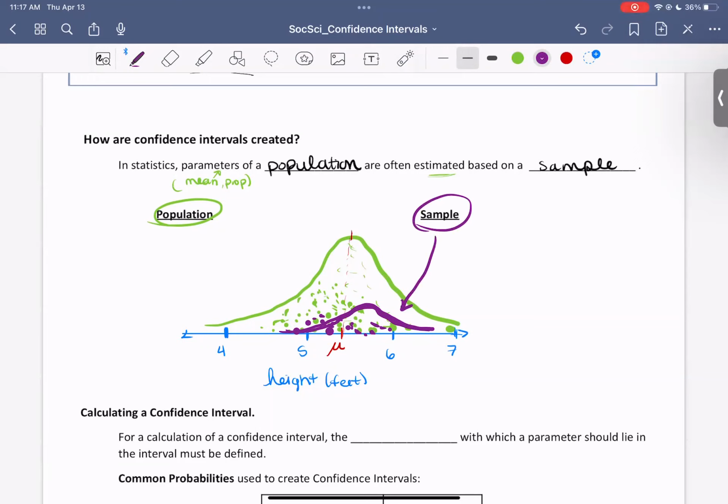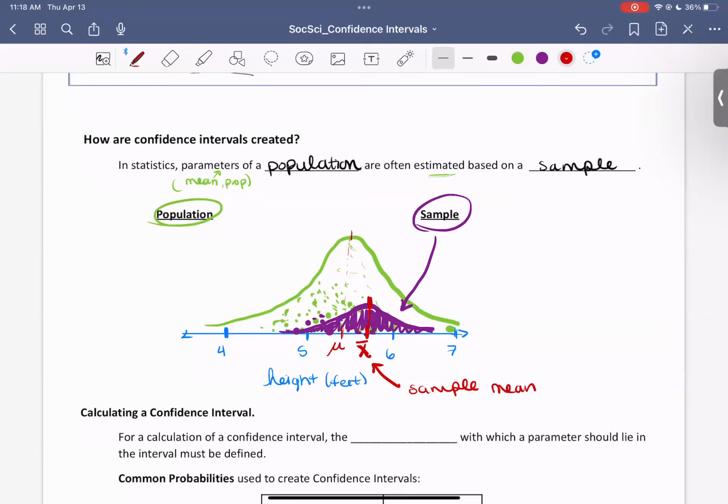So now from this sample, I'm just going to fill it in to really emphasize the distribution of the sample data. We have a different mean. So the most common height for our sample data, often we denote as X bar. That's our sample mean. And I'll write that out because we're going to see that again, sample mean.